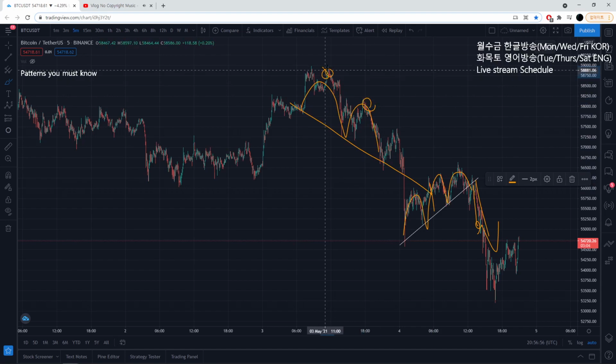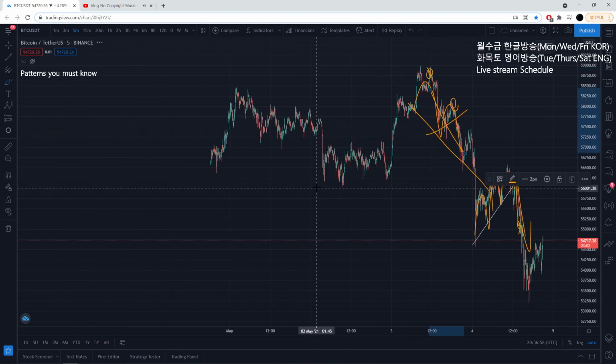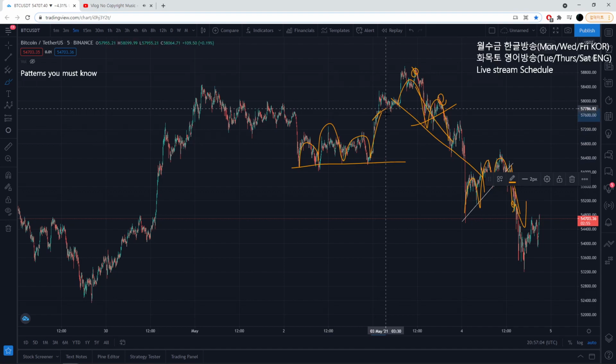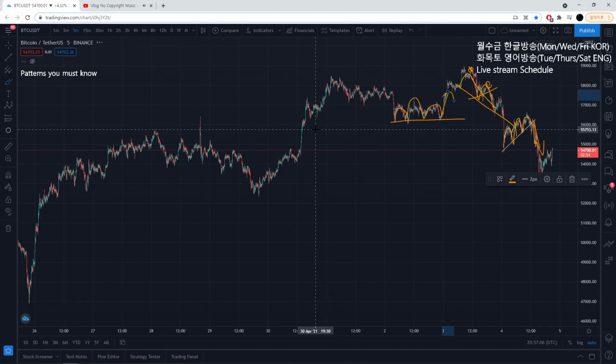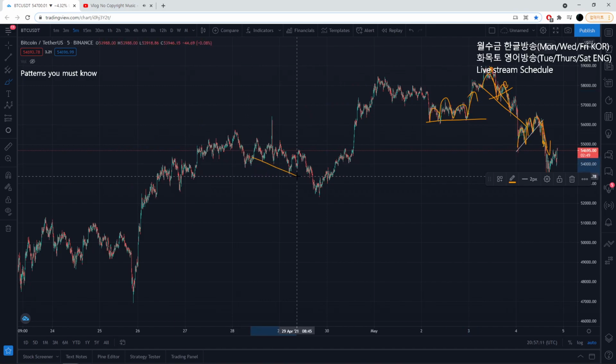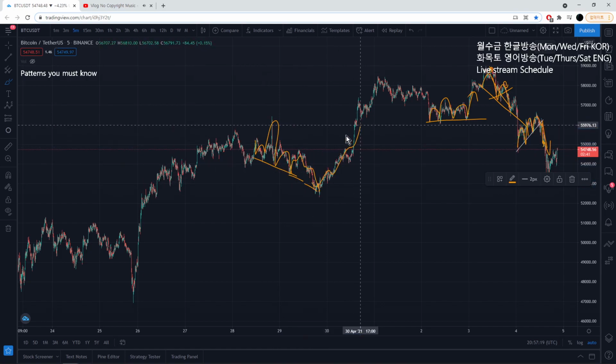The shoulder is higher, so it's not a head and shoulder. But you know where I'm getting at, right? If you thought this was a head and shoulder, nope, it went up. So you have to know exactly where you are at. Some people thought this was a head and shoulder, but it didn't go down, it went up, before it went down and then up again.